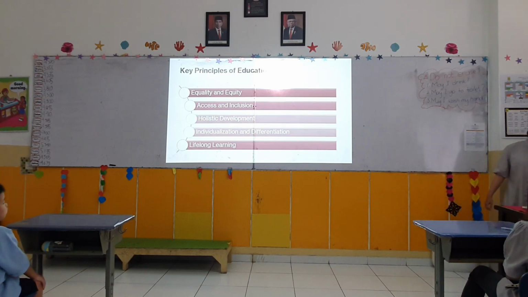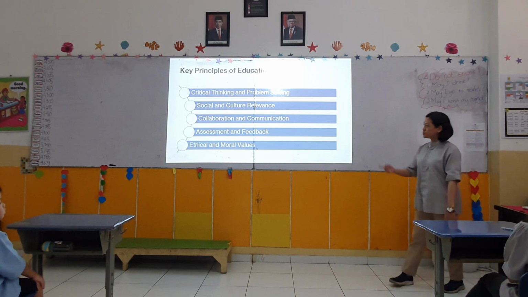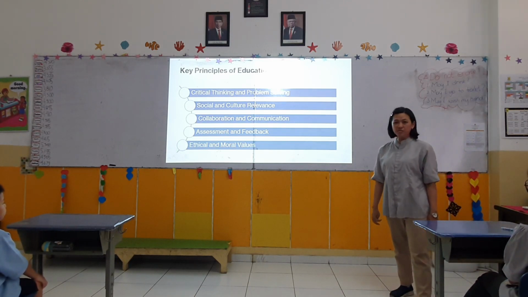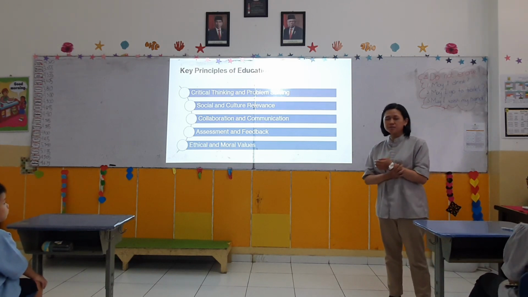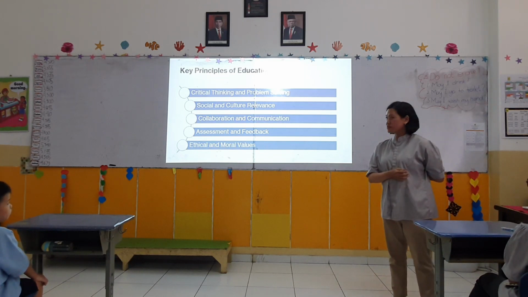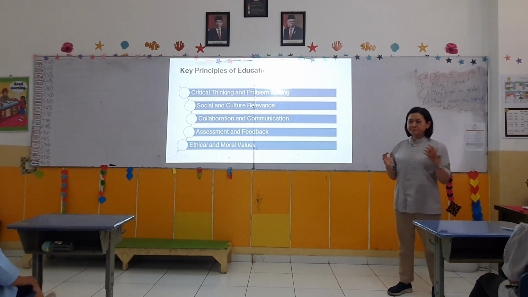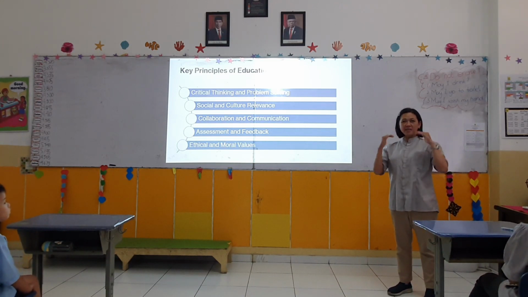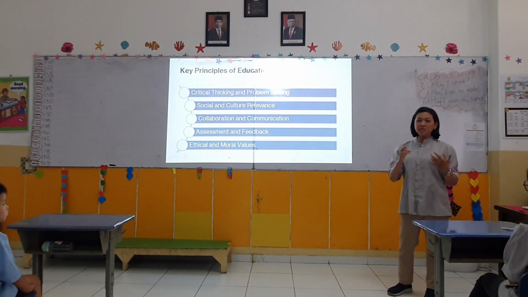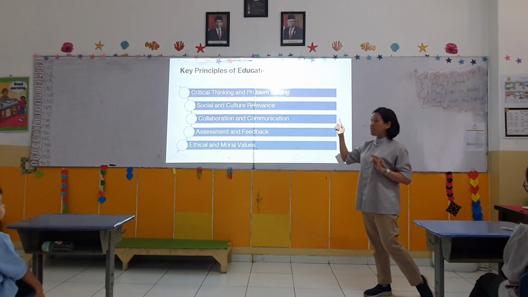Okay, now the next one is critical thinking and problem solving. Of course, you have to teach our students this, because if you know about the P21, where all the big companies gathered together and formulated what skills are required in the 21st century, this becomes one of the most important: critical thinking and problem solving.